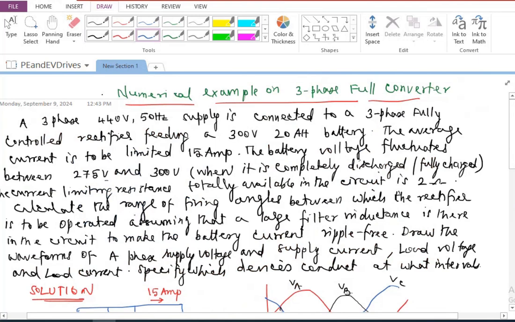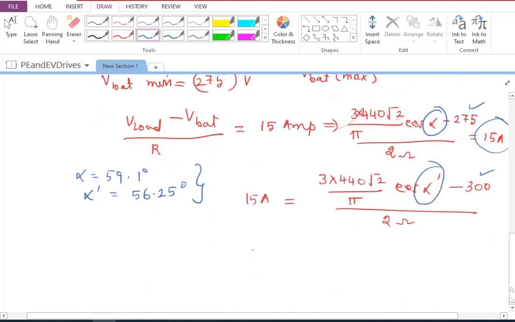So calculate the range of firing angle, that is 56 degrees and 59.1 degrees. So 56.25 degrees when we talk about, we are going to have 300 plus 15 times 2, which is 30 volts.